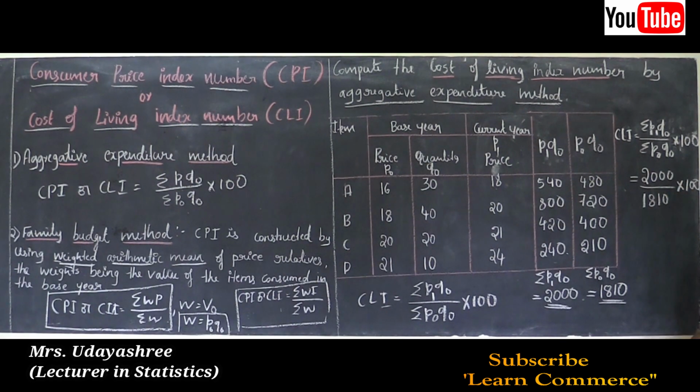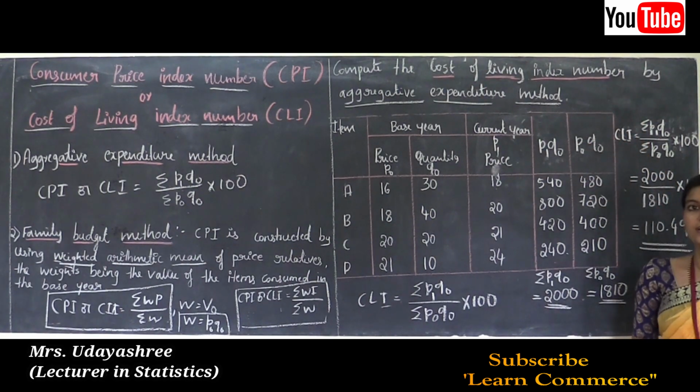Now 2000 divided by 1810 into 100, the calculated answer is 110.49. This is the calculated value of cost of living index number by using aggregative expenditure method.